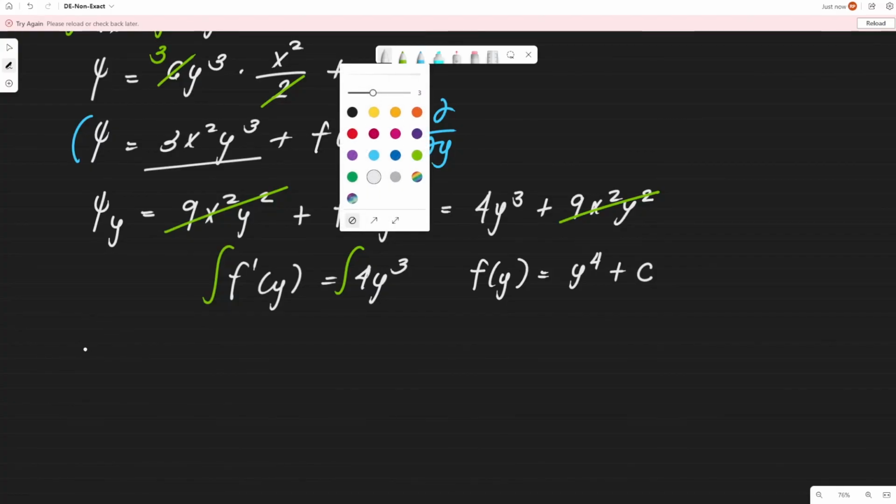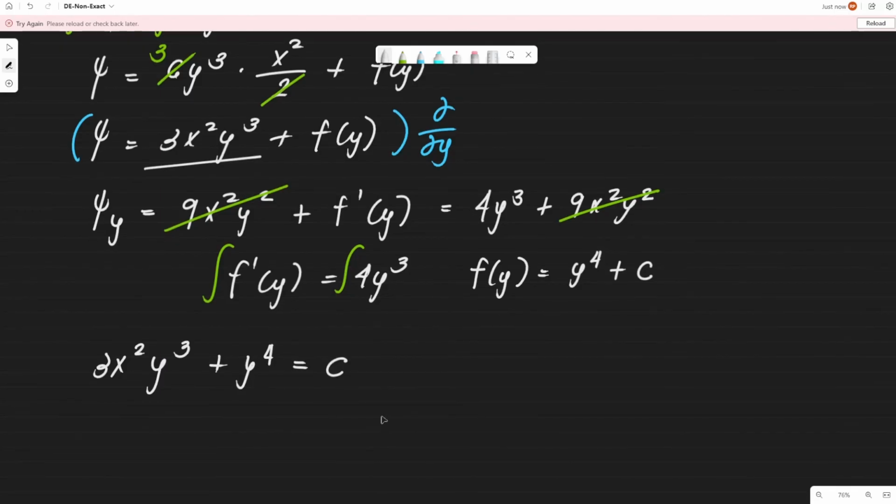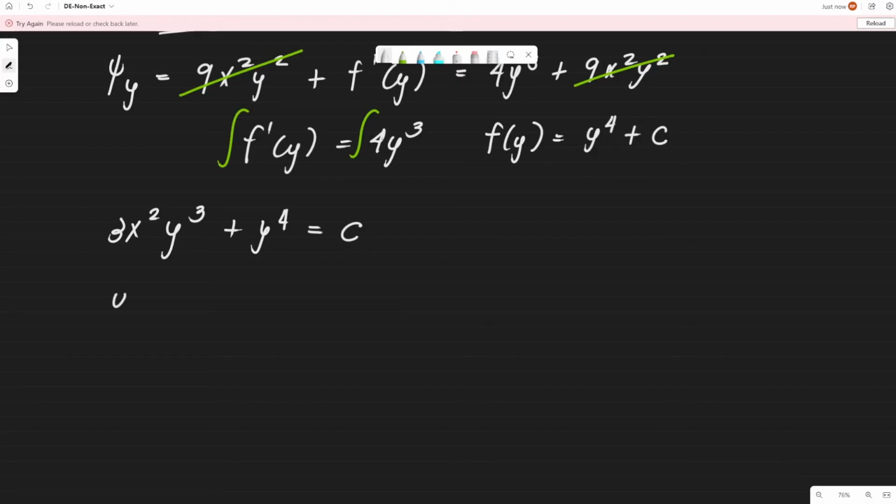So we have 3x squared y cube plus y to the fourth is equal to c. Or factoring out y cube, since common si y cube sa lahat, y cube times 3x squared plus y is equal to c. This is the general solution to the differential equation.